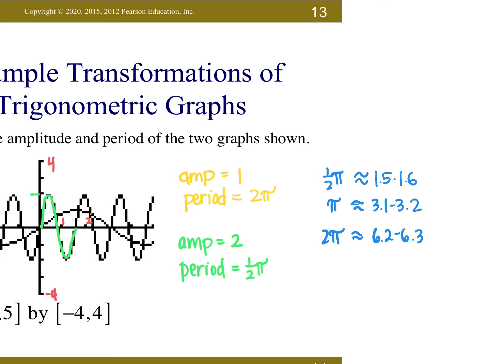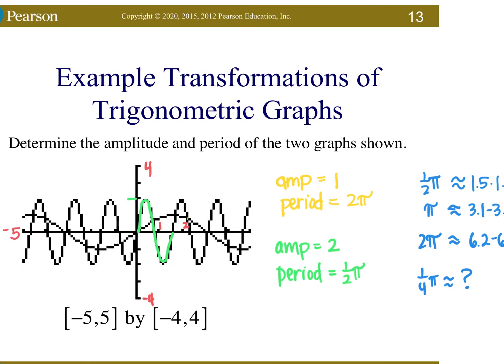So if decimal-wise it looks like it's hitting in about those places, that's what they're intending. So maybe you should know what is 1/4 pi, and maybe you should know kind of approximately what that is, because it might actually be right around that number. That's what when they draw these digital graphs, they're intending it to be in a radian measure, okay?